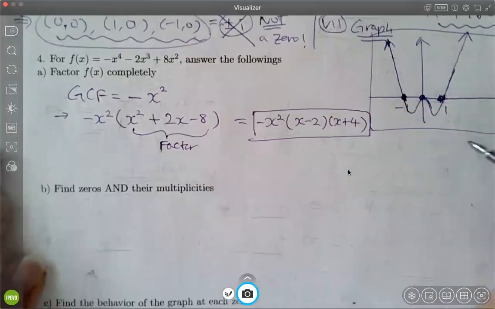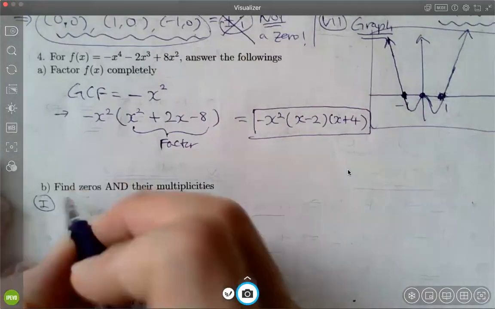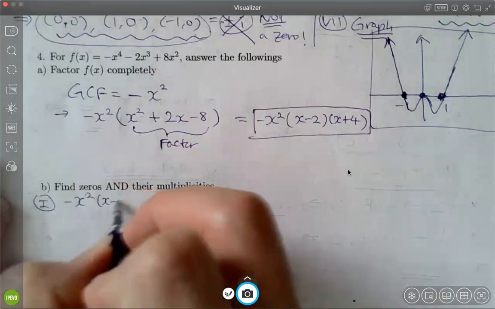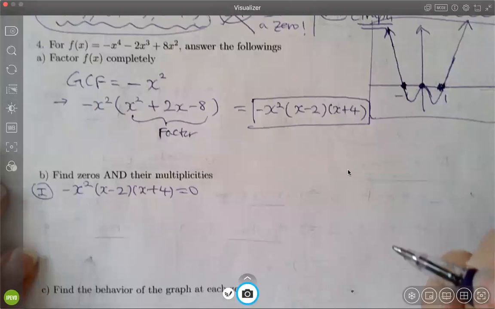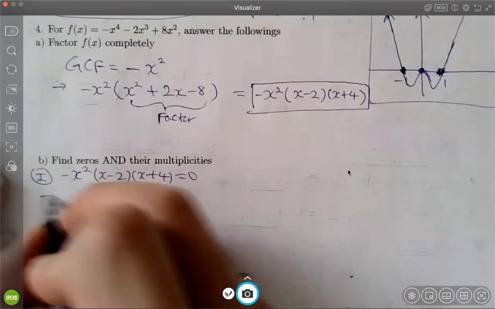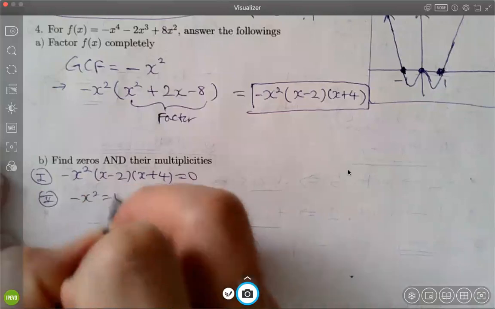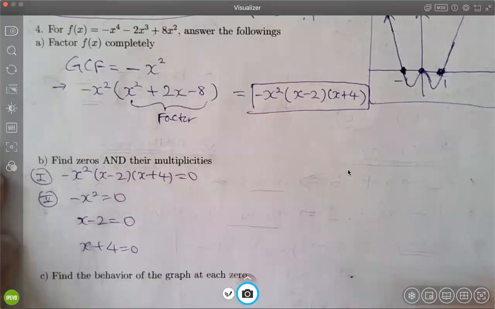Now, find the zeros and their multiplicities. So how do you find the zeros? Set this whole thing equal to 0. So what does that mean? -x squared equals 0, x minus 2 equals 0, and x plus 4 equals 0, right?